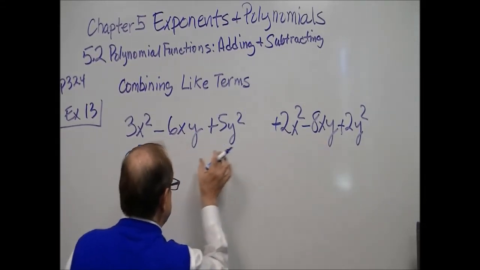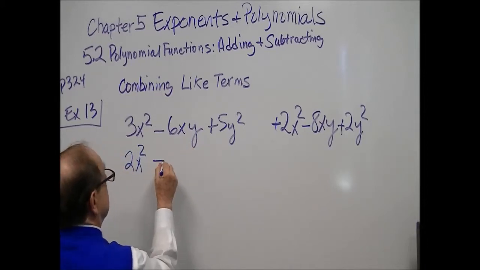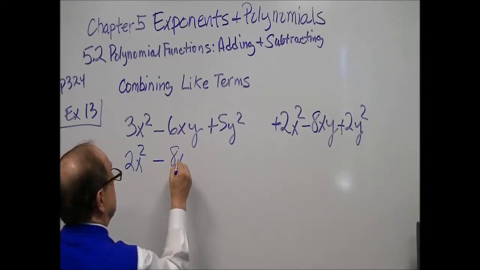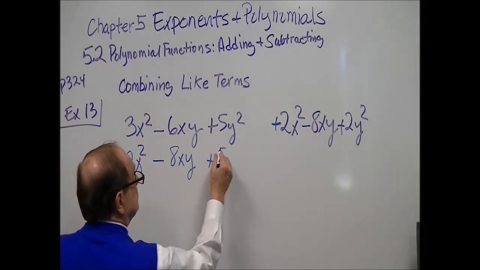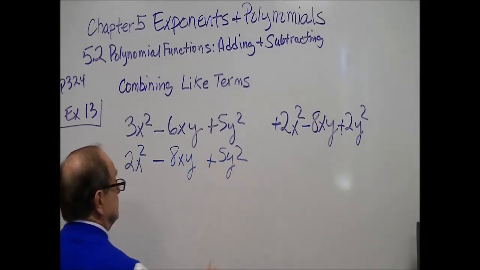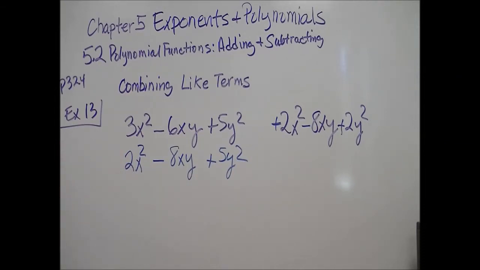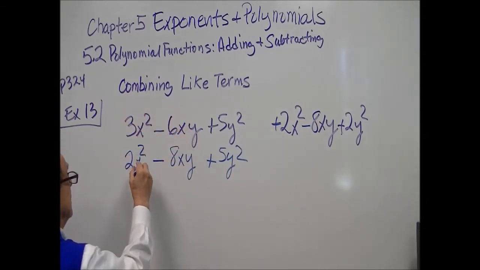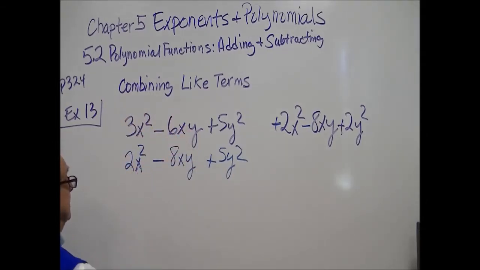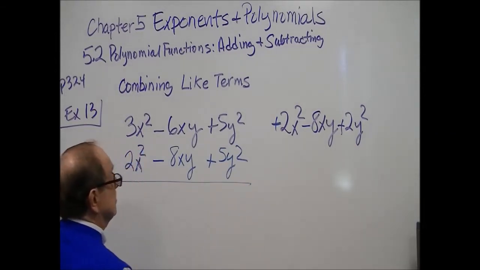This is a like term with this, so I'm going to put it vertically underneath it. And this one here as well. Now, by doing so, I have created what I call vertical like term columns. We don't want to eliminate anything. And then we just put a line underneath it and add them up.